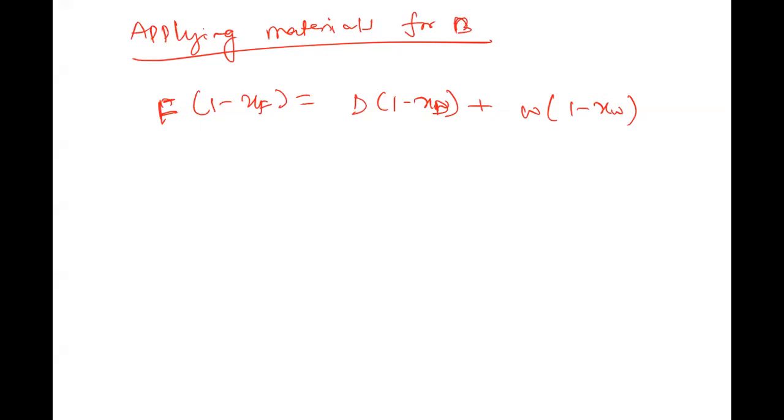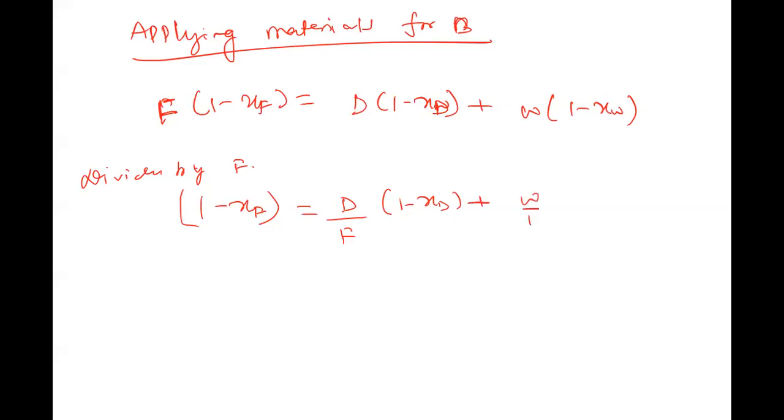If I do one thing, just divide by F. So it is 1 minus XF equal to D by F into 1 minus XD plus W by F into 1 minus XW.